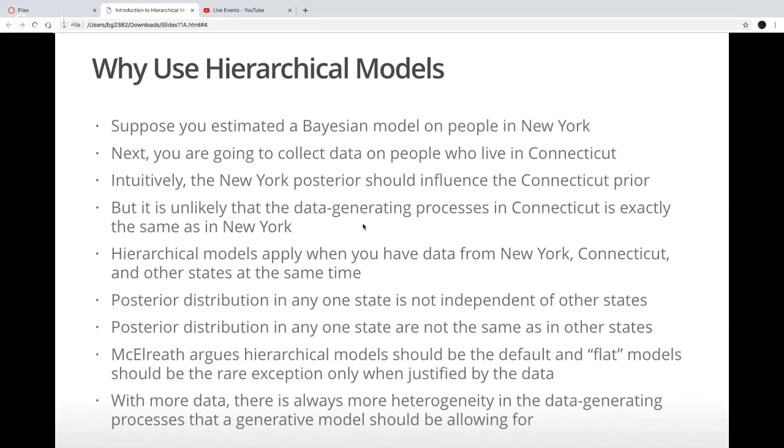And therefore, going to a simpler model that constrains the data generating process to be the same across all groups is expected to have a better log predicted density, or some other justification for saying, well, the heterogeneity in the data generating process is so minor that we might as well model it as if it doesn't exist.